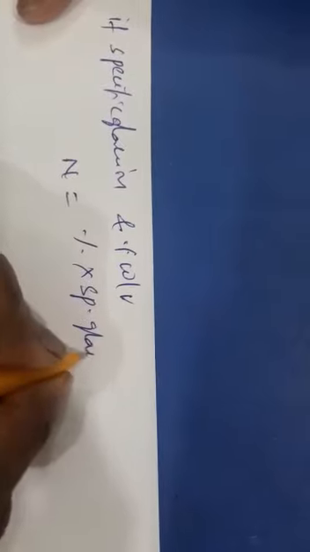Instead of molecular weight as in molarity, we use equivalent weight. If specific gravity and percentage weight by volume are given, normality is equal to percentage into specific gravity into 10 by equivalent weight.